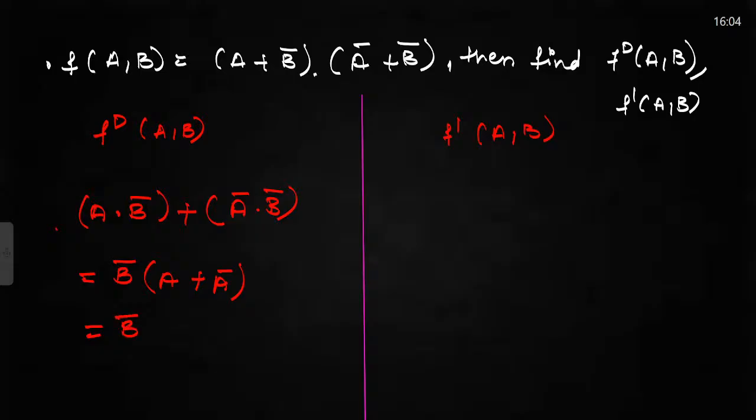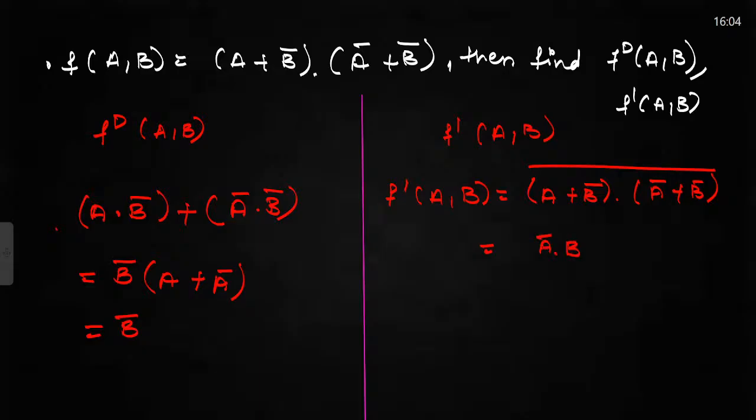Now we will find the complement of f of ab. f of ab is equal to (a plus b bar) into (a bar plus b bar) whole bar. So that will be equal to a bar into b.